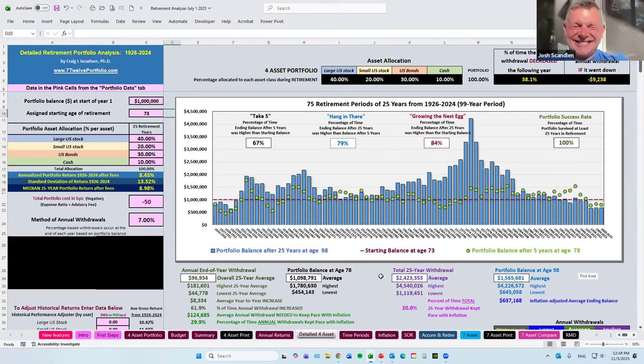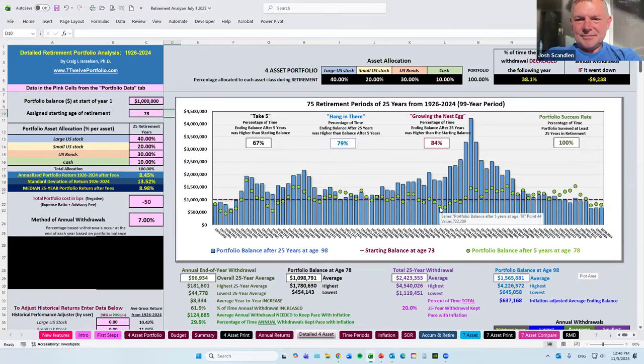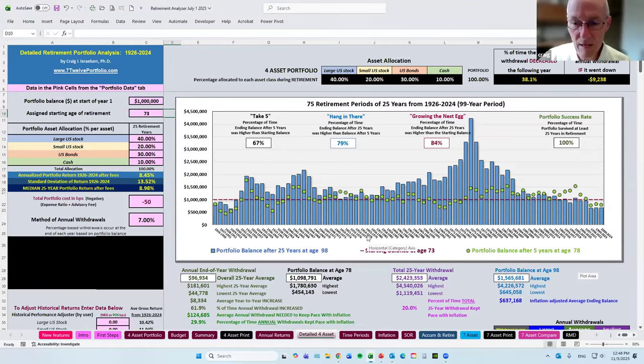So to try to get at that issue of recency bias, the green dot says, okay, you start this process of withdrawing from a portfolio, your balance after 5 years is X. What is that? Well, let's take the case here of the person who started withdrawing in 1926, right here on the left side of the graph. Turns out their balance after 5 years matches their balance after 25 years.